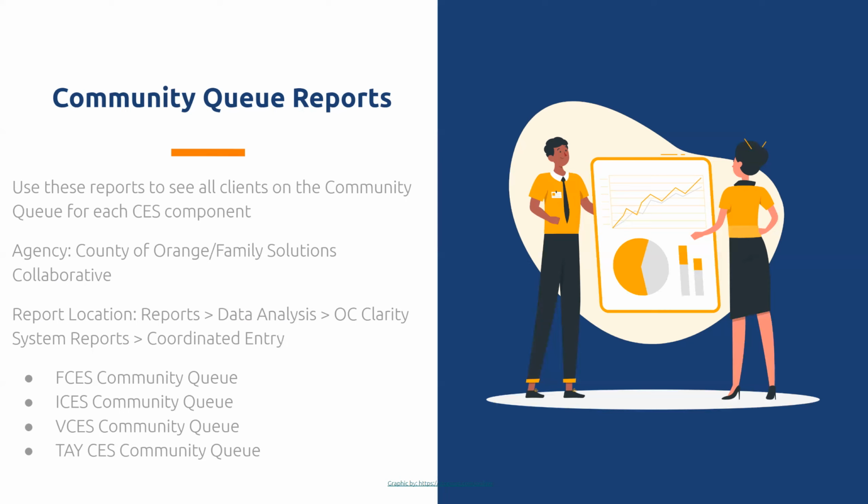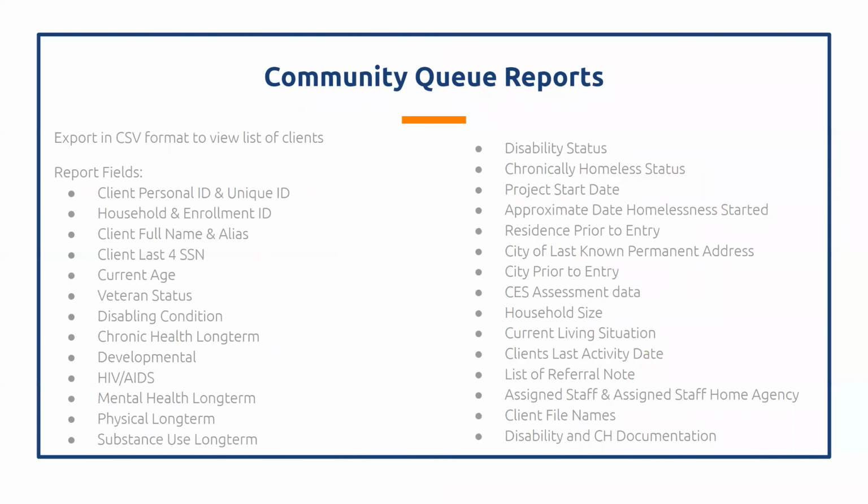And these reports are going to show you if your client is on the community queue, as well as the different information from their enrollment and assessment that will indicate different eligibility and preference towards different programs. These reports are good to run to verify any enrollment and assessment data, as well as verify that the client you are working with is on the queue.